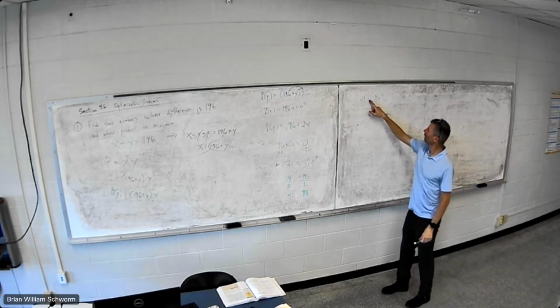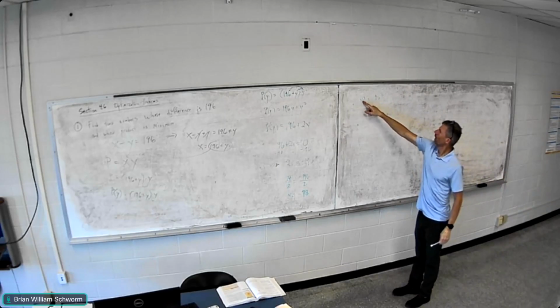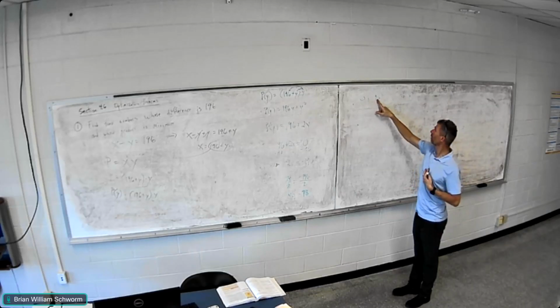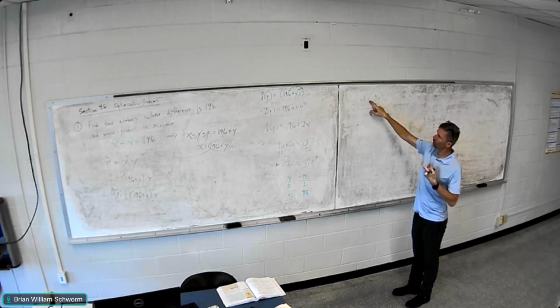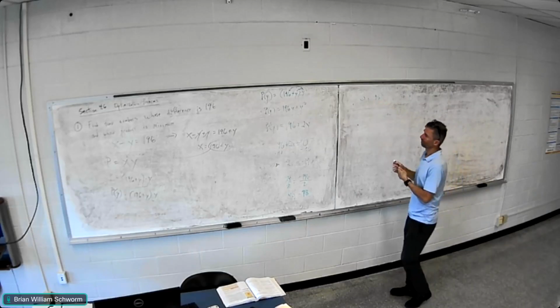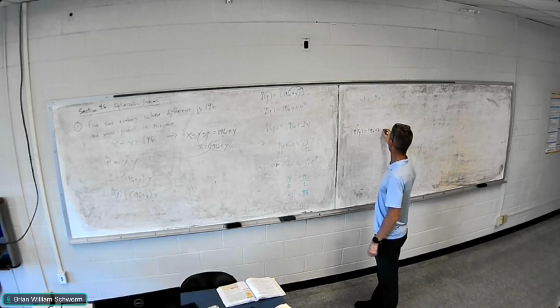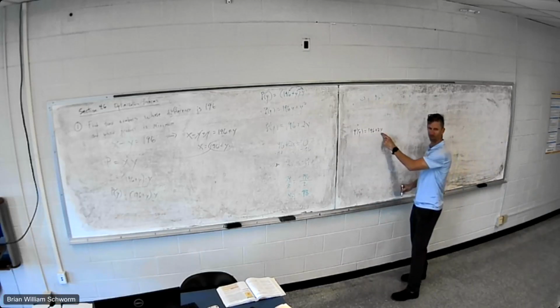So pick a test point. First, for this interval, pick some number that's in that interval, plug it into the derivative, see what happens. See if it's positive or negative. So like negative 100 maybe. There's a formula for the derivative.